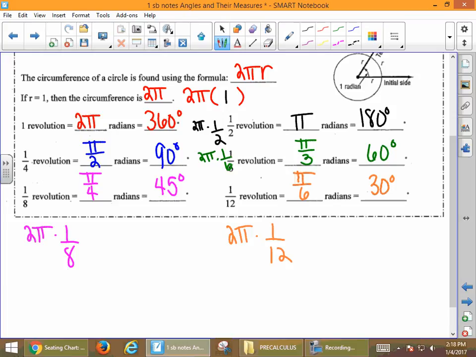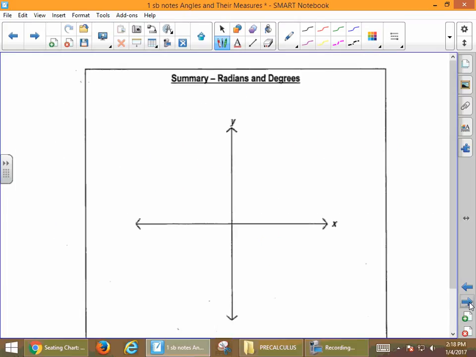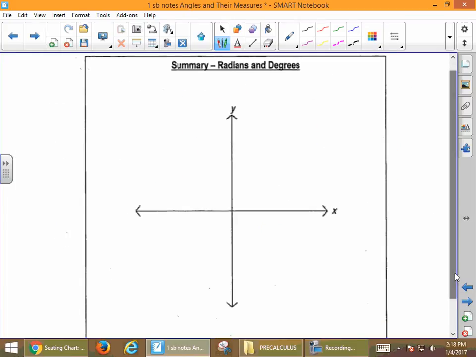So as we finish today, let's just summarize. So the first thing that we really had to refresh were the quadrants. This is quadrant 1. This is quadrant 2. This is quadrant 3.